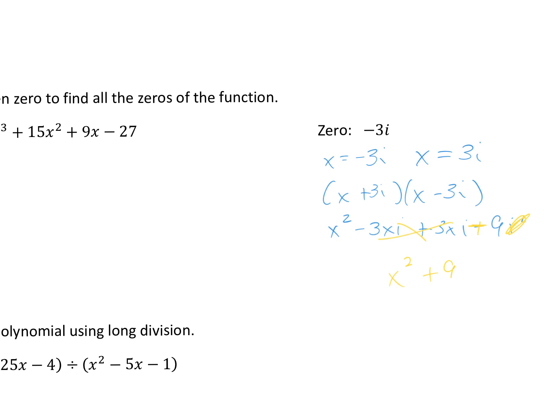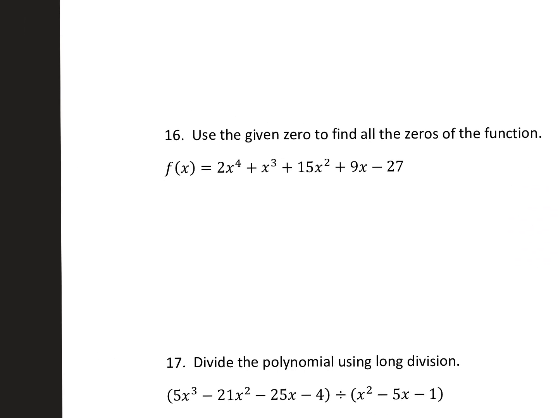Okay? Does anybody remember what we do with that? We're going to use long division. Good. I'm going to say x squared plus 0x plus 9. I'm going to divide that into 2x to the 4th plus x cubed plus 15x squared plus 9x minus 27.